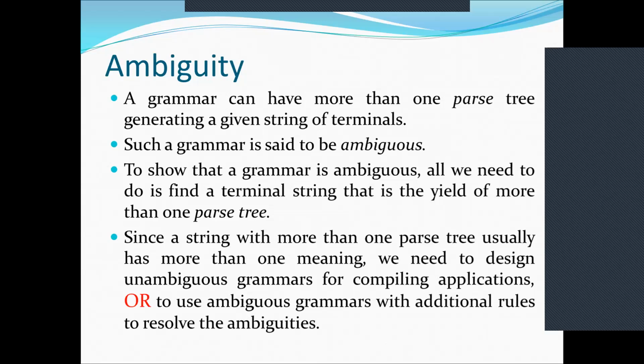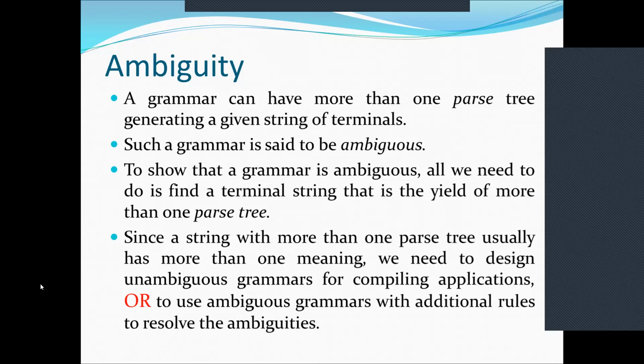Now for this string 9 minus 5 plus 2, we made one parse tree. It says that for the same equation, we can have multiple parse trees also. That means if we understand the equation in a different way, we can build another parse tree for that. And that is an ambiguous situation.